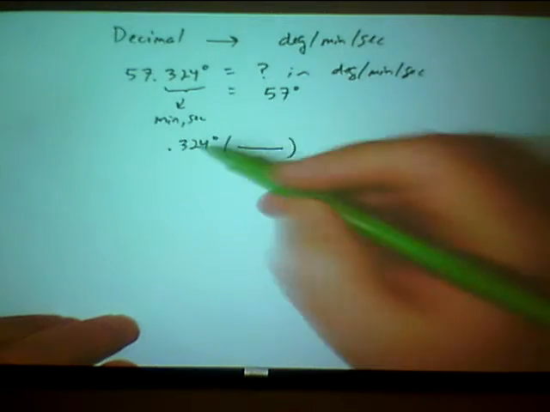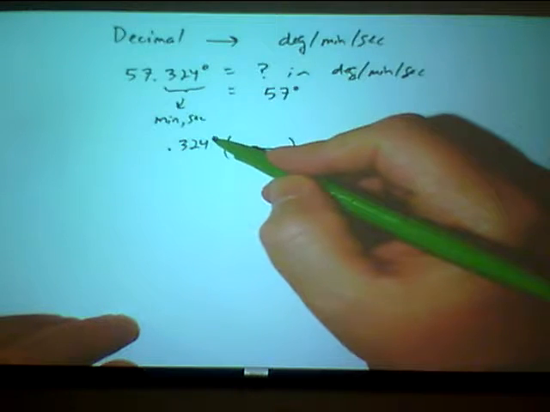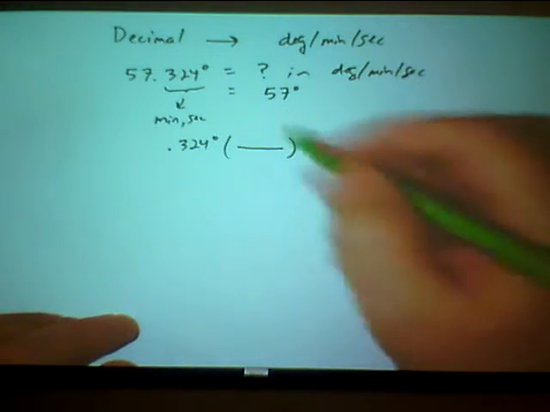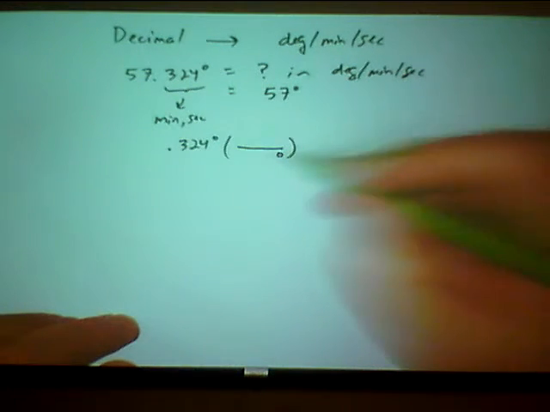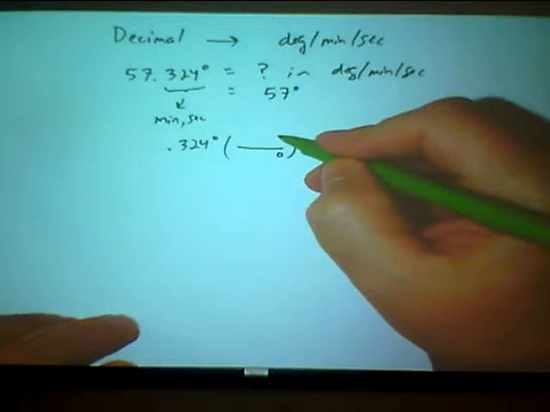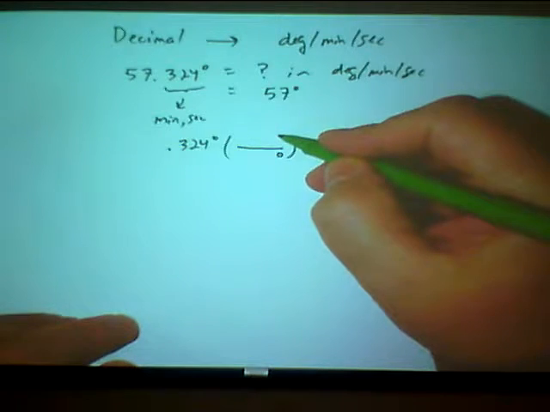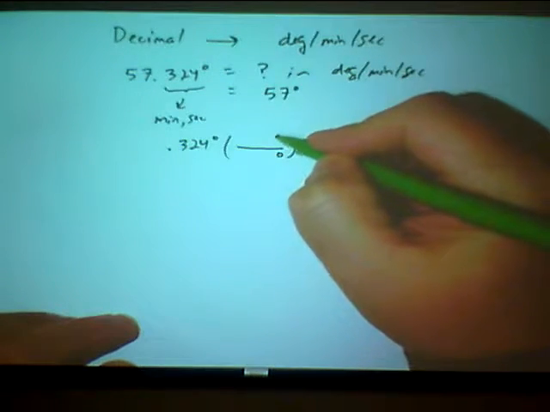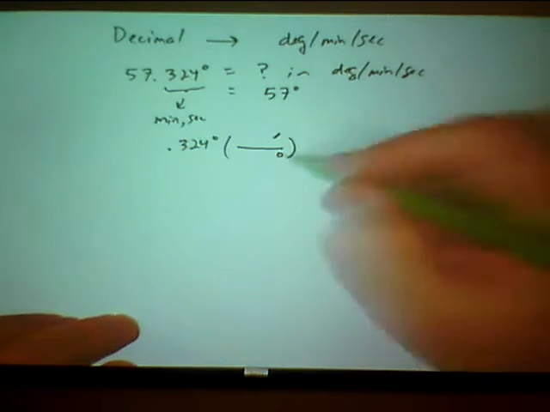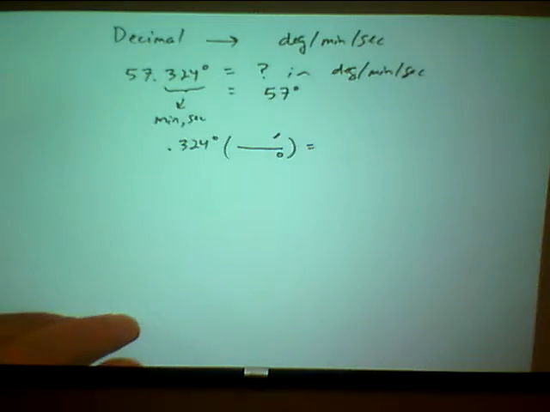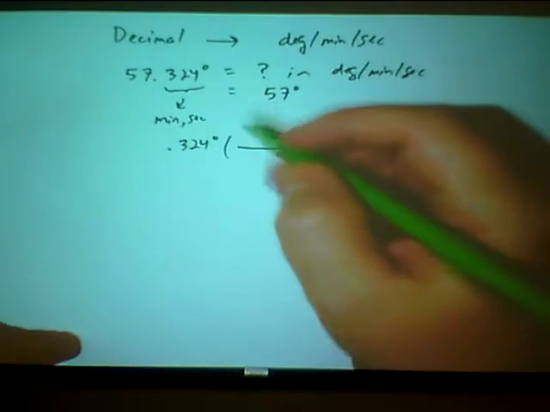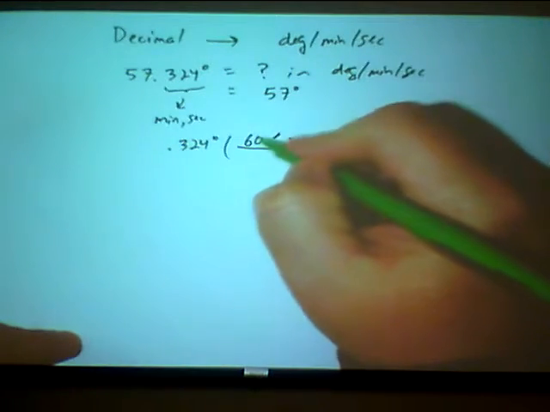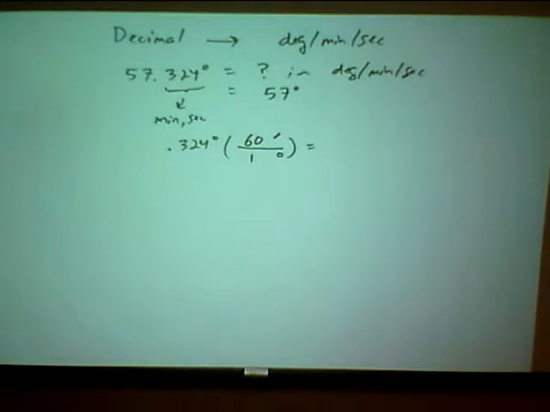And remember, whatever I start with, I'm starting with degrees. That's the unit that you put on the bottom of your fraction. And in the top of the fraction, you put the unit that you're trying to get to. I'm trying to get to minutes, so I put minutes in the top. And now I ask myself, what's the relationship between minutes and degrees? And then I remember that there's 60 minutes in 1 degree.